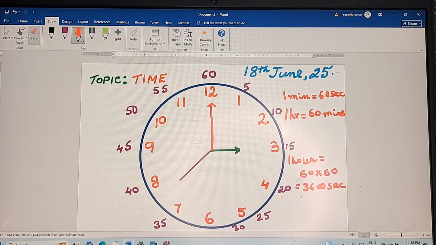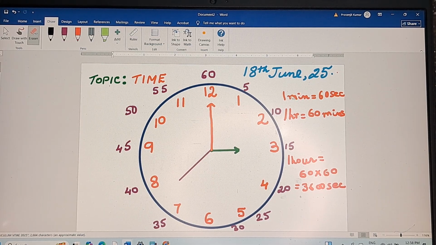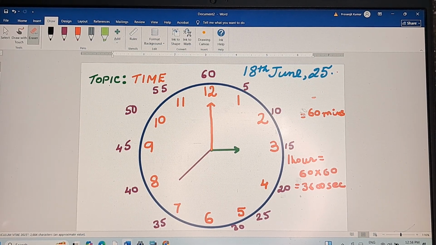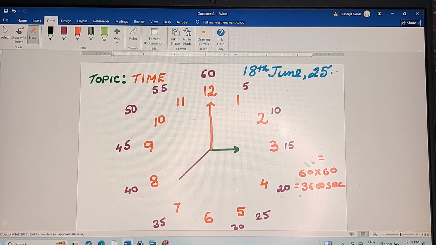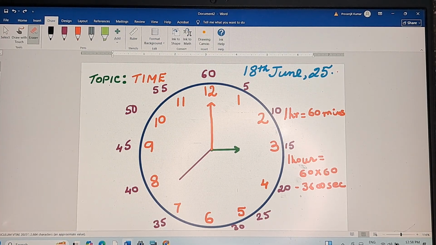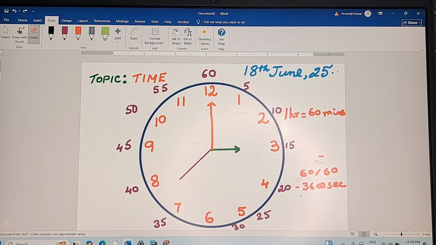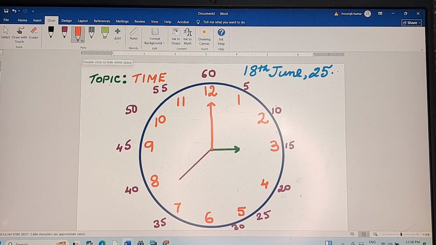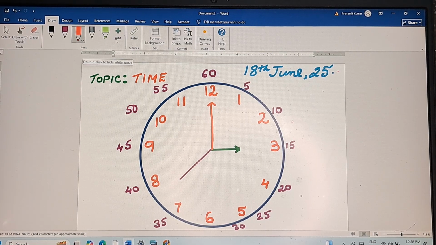So how to convert? Let us learn. It's a very simple calculation. Let us learn the conversion between hour, minute and second.